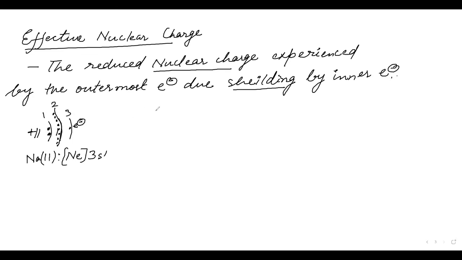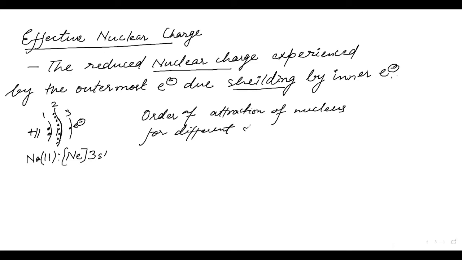If I say you have to write down the order of attraction of nucleus for different shells, you will say that the electrons in the first shell will experience the most amount of attraction, then the second shell, then the third shell. Any doubts till here?